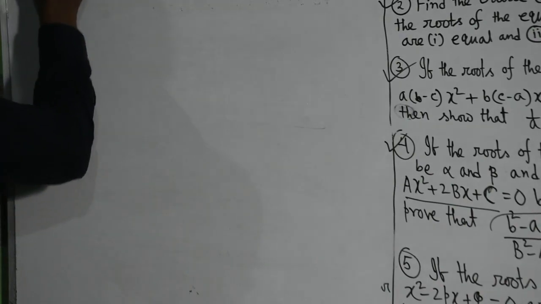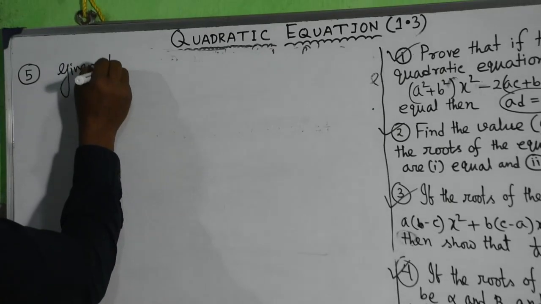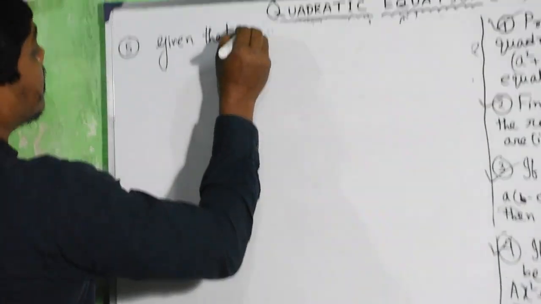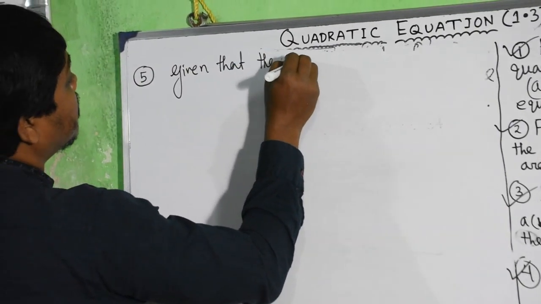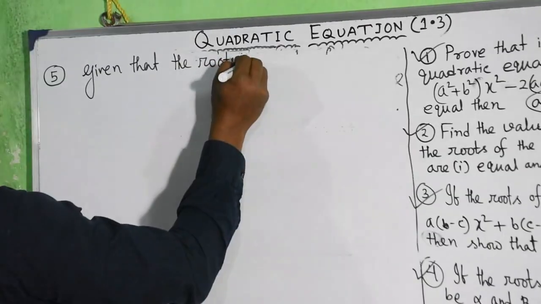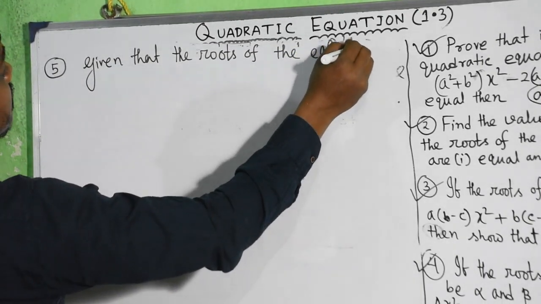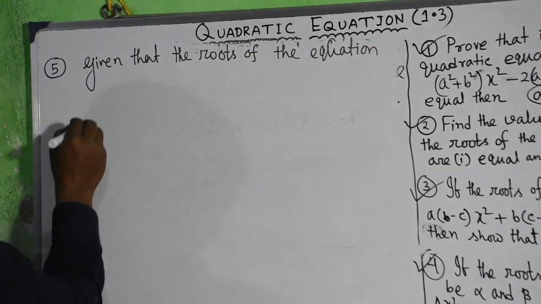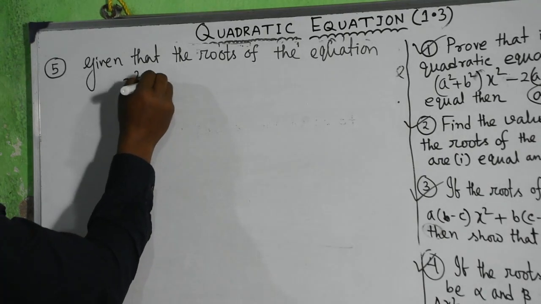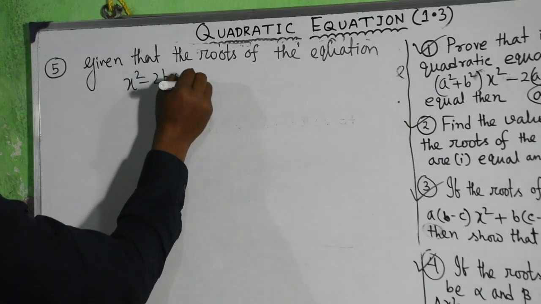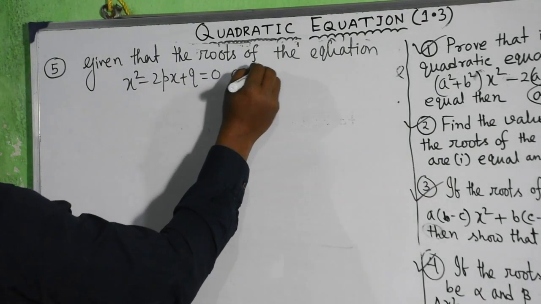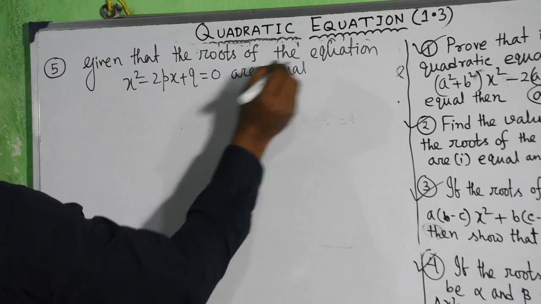Given that the roots of the equation x square minus 2px plus q equal to 0 are equal.